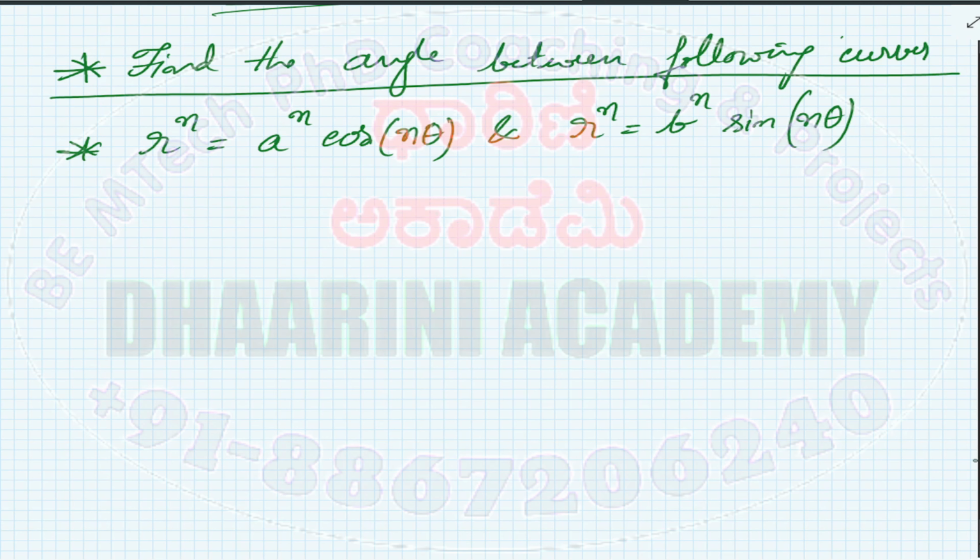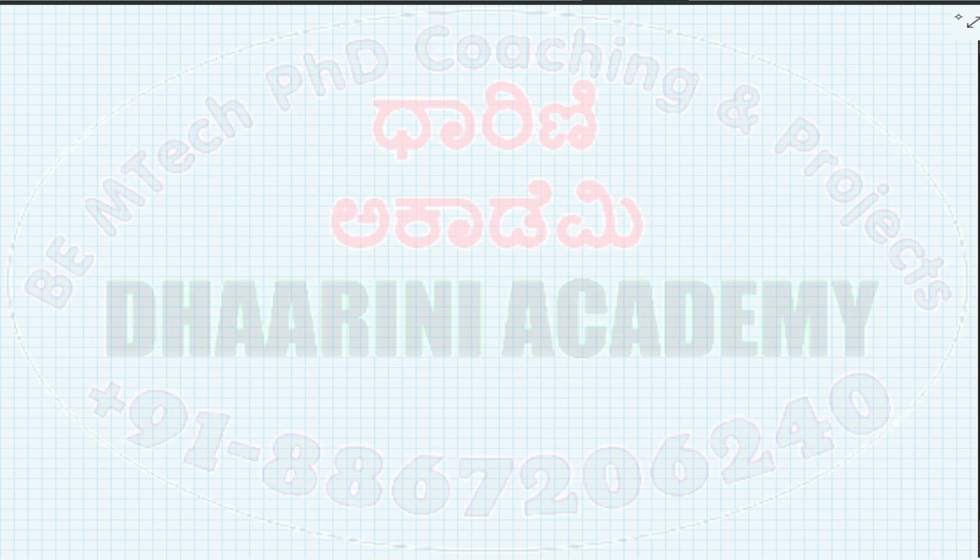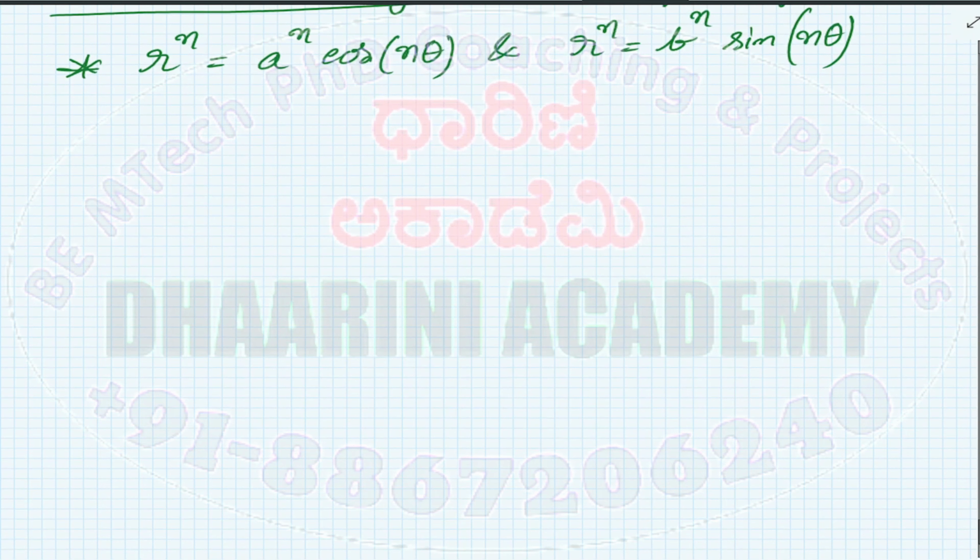So my objective is to find phi 1 and phi 2 first, then I'll take the difference between those two to get the final answer. First I'll take the first curve, that is r to the n is equal to a to the n into cos of n theta. What's my first step?